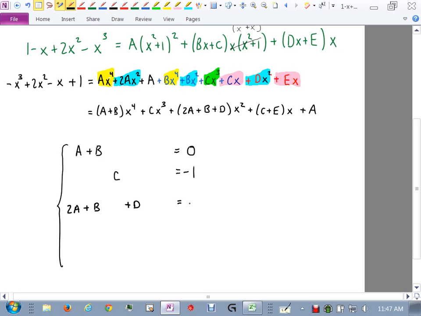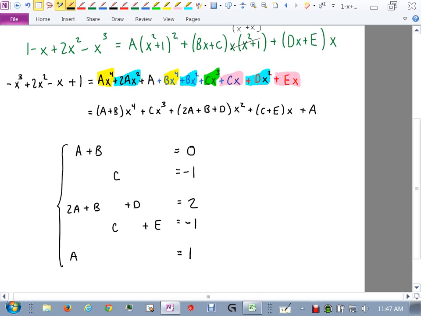Negative 2, right? So I'm matching this with the coefficient over here. And then c plus e must be 1. And then a must be -1. Thank you. And a must be what? 1.